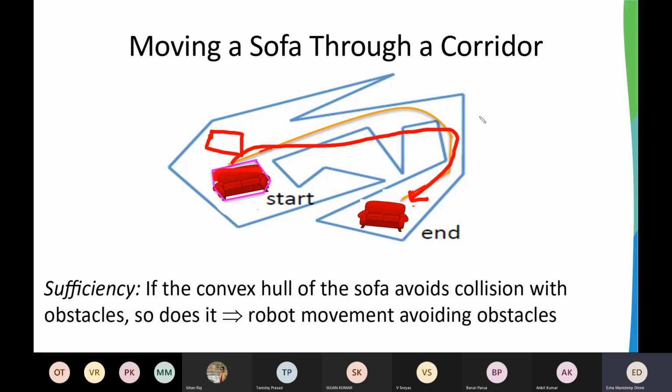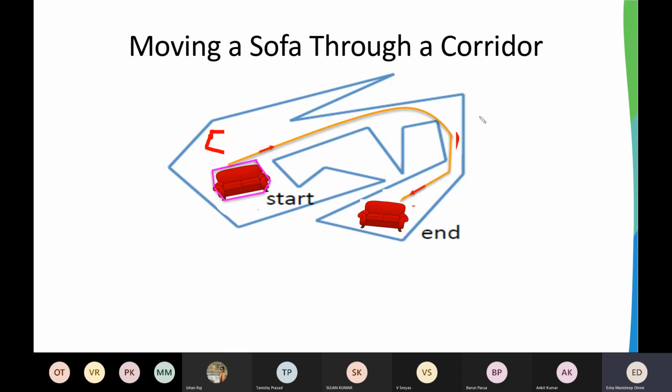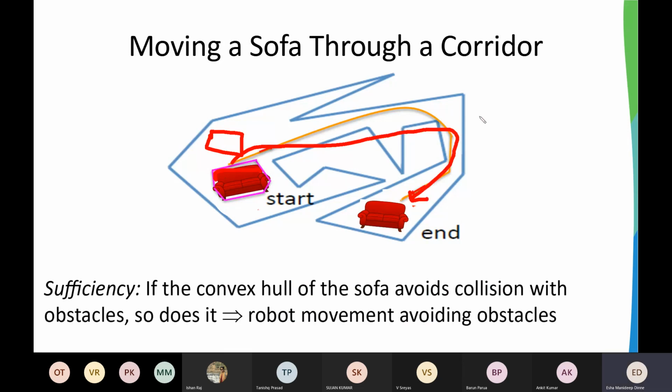The robot will take the convex hull of itself, assuming itself to be a 3D convex polyhedron, and see whether it will collide with something or not. Since the convex hull encompasses the whole object, if the convex hull doesn't collide with something, the object will also not collide. So it is sufficient to check whether the convex hull collides or not.